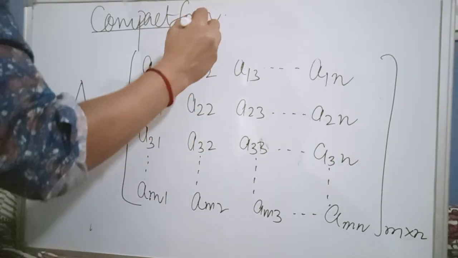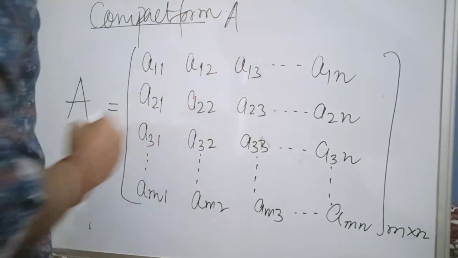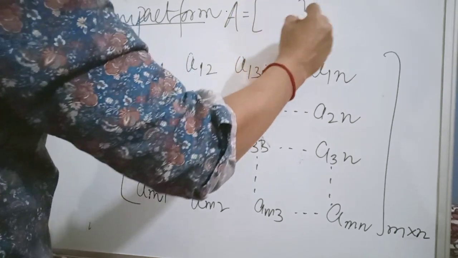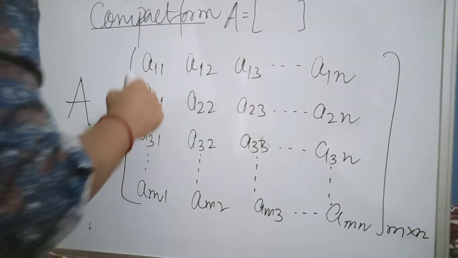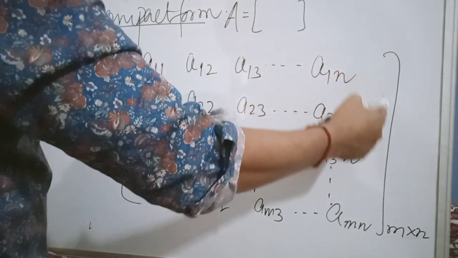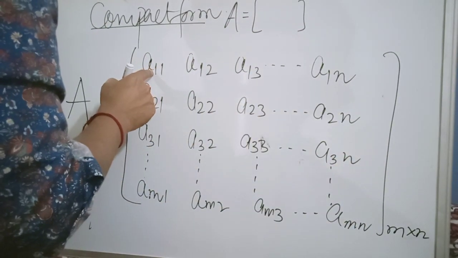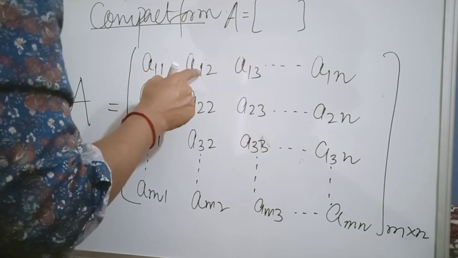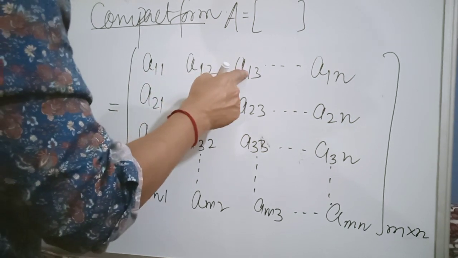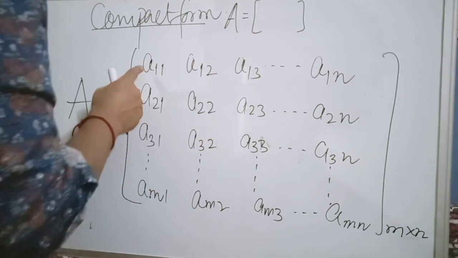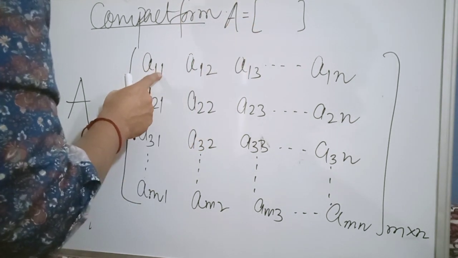Now, the name of the matrix is A. The elements are written in the square bracket. And this consists of so many elements. And every element has some suffix. Every suffix has two parts, first and second. Correct?